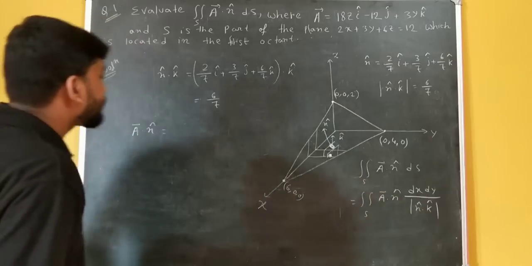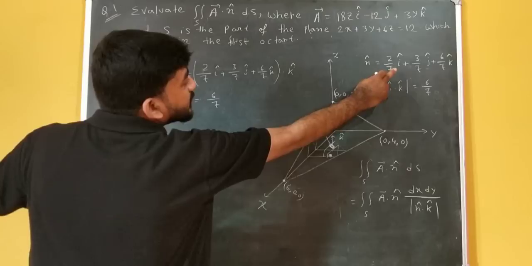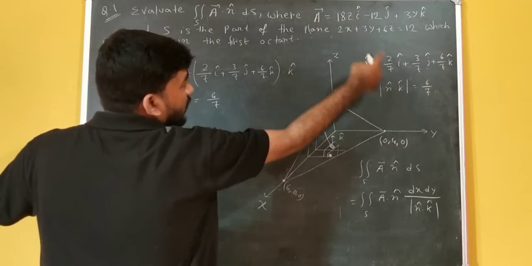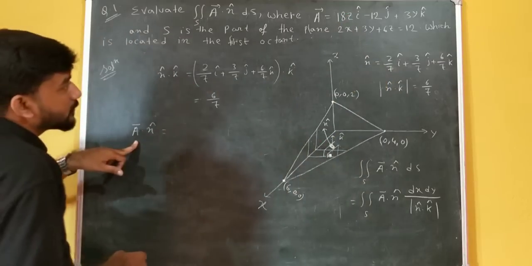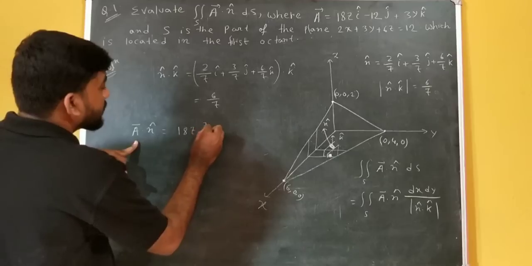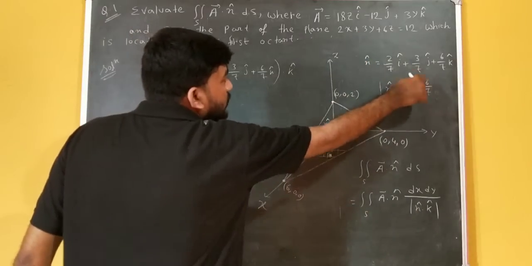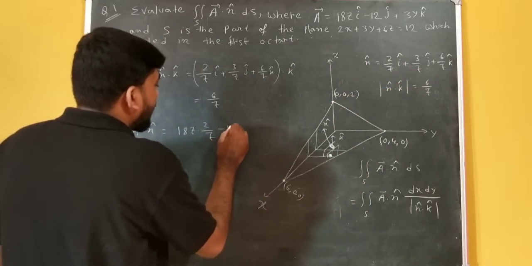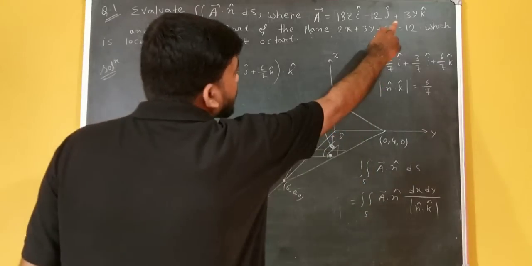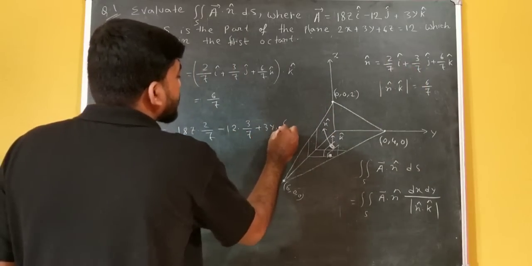It will be the dot product, so only the coefficients multiply. The first term will be 18z into 2 by 7, plus the second term, minus 12 into 3 by 7, and the last will be 3y into 6 by 7.